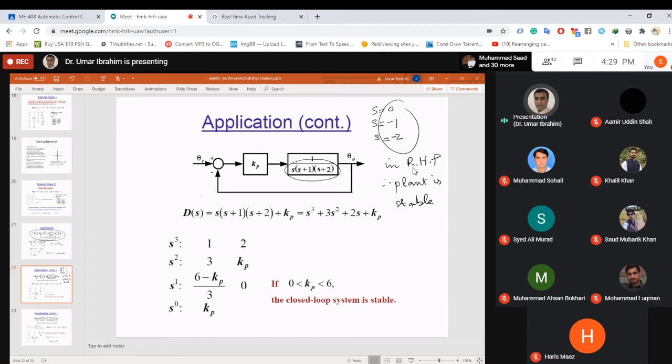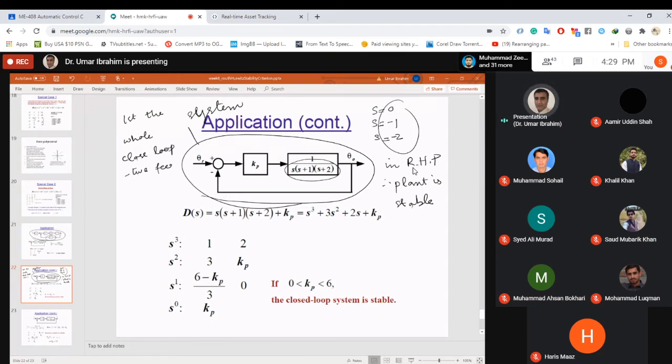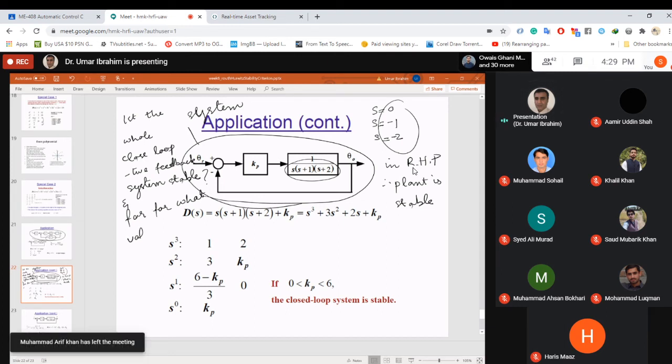Now, the question is, is the whole closed loop negative feedback system stable? And for what value of Kp?